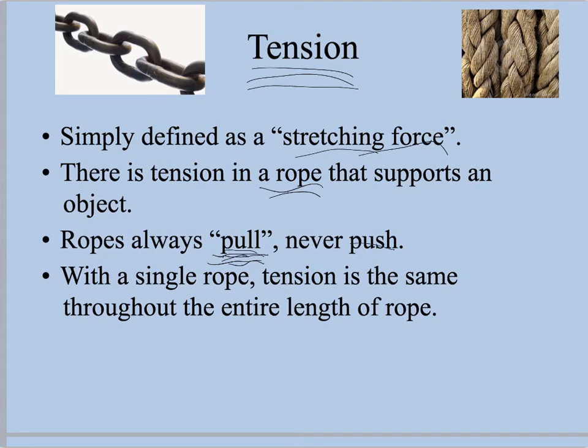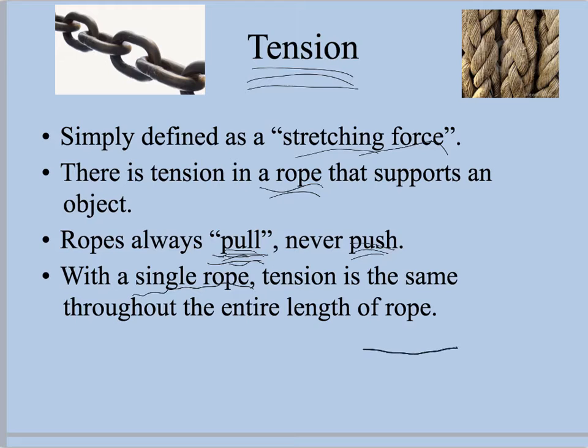They never push. So when you are pulling a sled through the snow, or you are pulling a fish out of the water on fishing line, you're never using that as a pushing mechanism. It's always a pulling mechanism. And in a single rope, the tension of that rope is the same throughout.